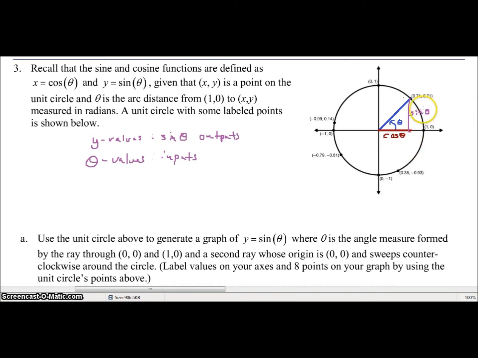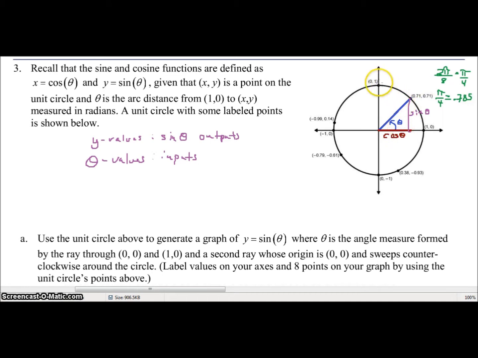Here we can see that this looks like it's an eighth of the way around the entire circle. So we could say that theta is 2 pi over 8, which is pi over 4. So the angle corresponding to this pair would be pi over 4, which is about 0.785.